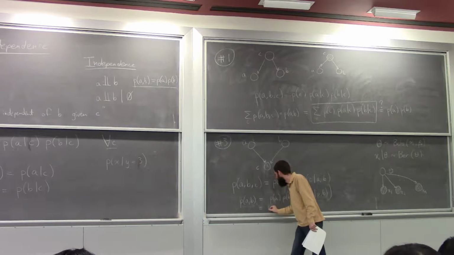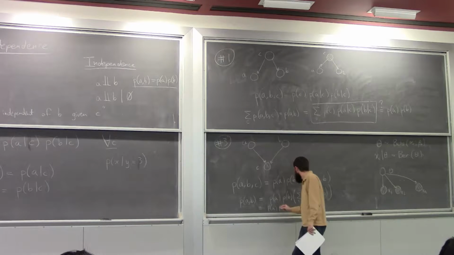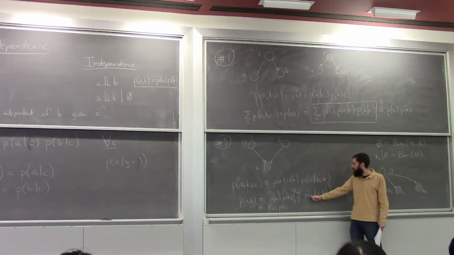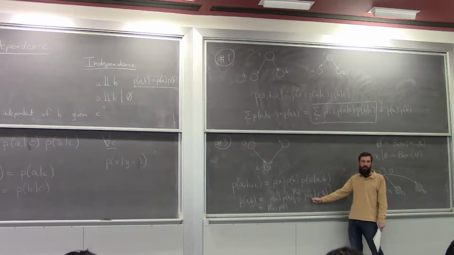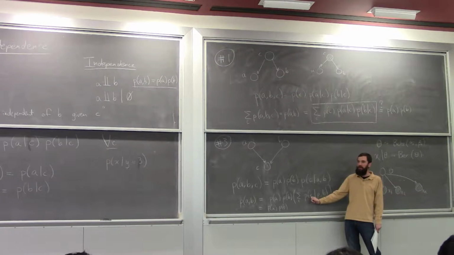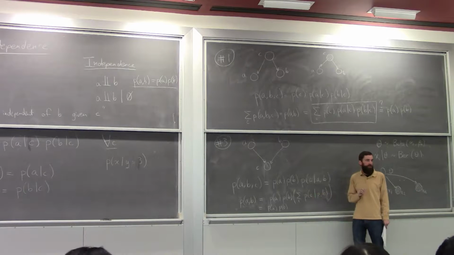So this is P of A times P of B. Remember, a conditional density, or rather a PMF, really only depends on what's on the left. It doesn't matter what we have in the condition. It's still a probability. So if I sum over C, the only thing on the left of the conditional, it's a probabilistic sum.